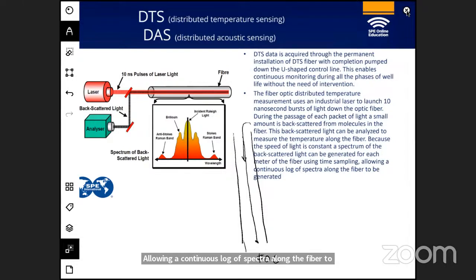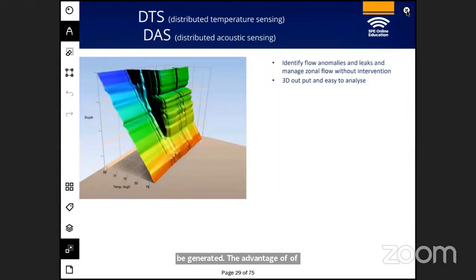The advantage of this DTS is shown here. On the y-axis is the depth, here is the temperature profile, and on the z-axis is the time domain.